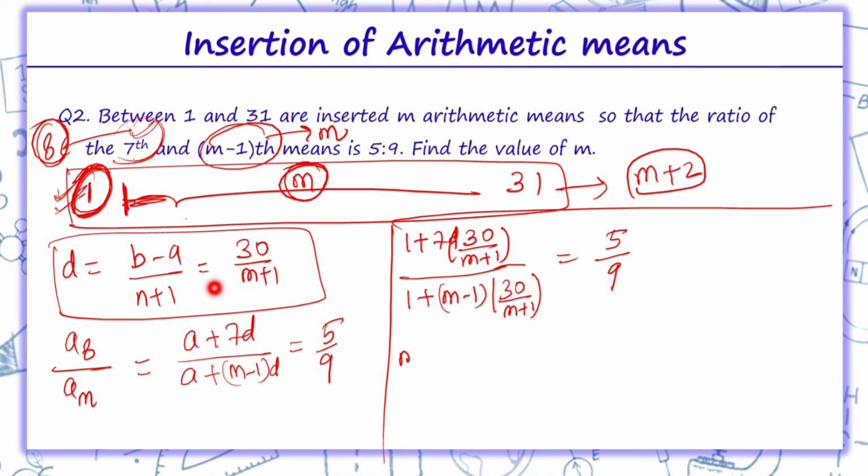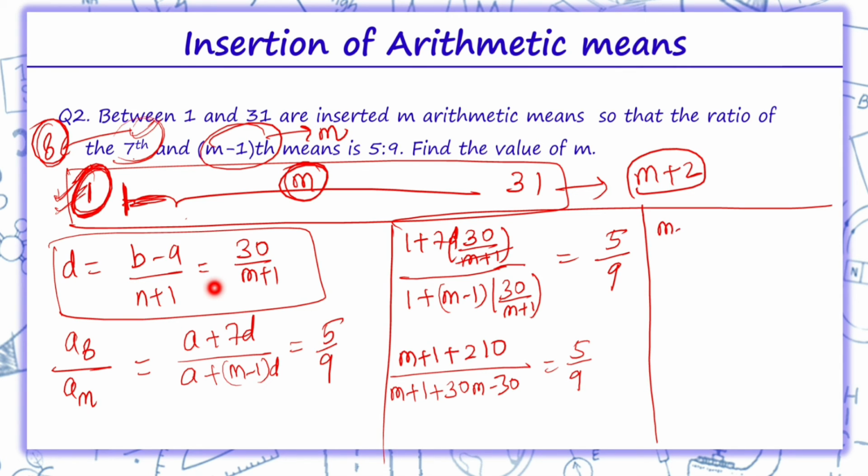When we solve it, we'll get m plus 1 plus 30 into 7, which is 210. The m plus 1 terms will be cancelled out after taking LCM. Similarly over here, m plus 1, 30m minus 30, this is 5/9. On solving it, m plus 211, in the denominator we'll get 31m minus 29, it is 5/9.